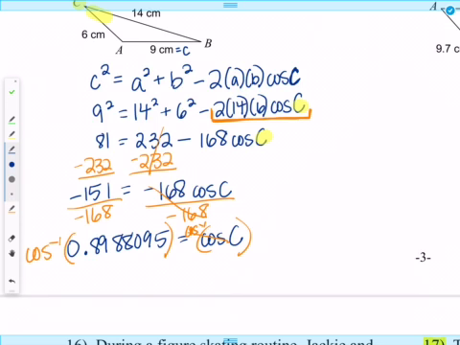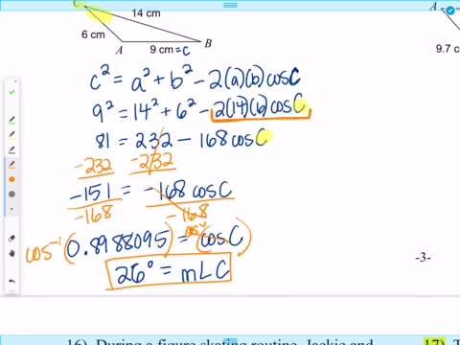And so when I do that inverse cosine of C, I get 25.9979, blah, blah, blah, and it's going to round to 26 degrees because we are rounding to the nearest whole degree.